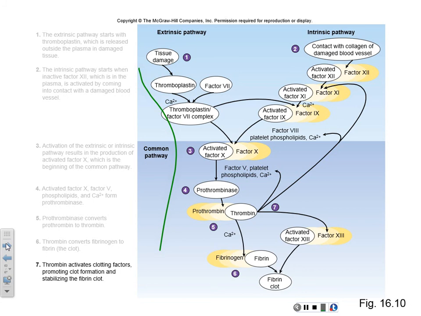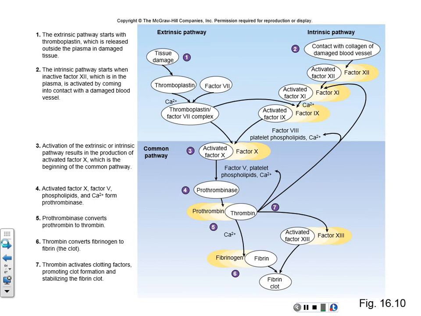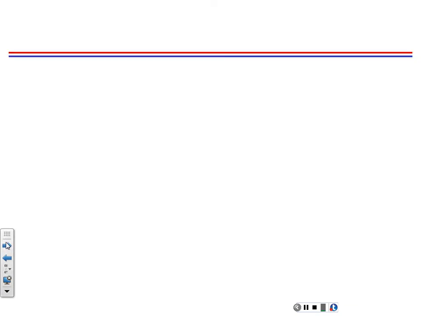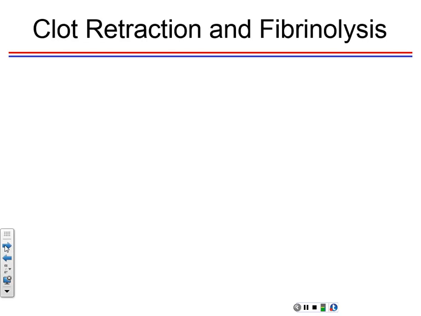So that's the whole process right there: conversion of fibrinogen to fibrin. It's a cascade of reactions, and although we are studying it in steps, know that in the body it happens simultaneously. We're just doing it in steps so that we can see what's happening, but this is all happening kind of simultaneously.